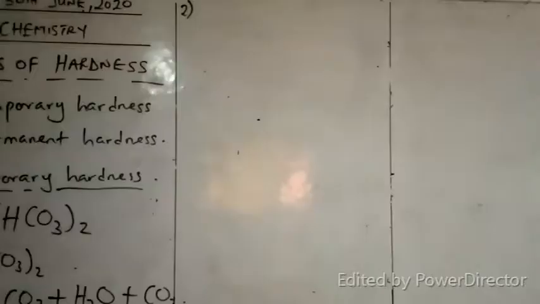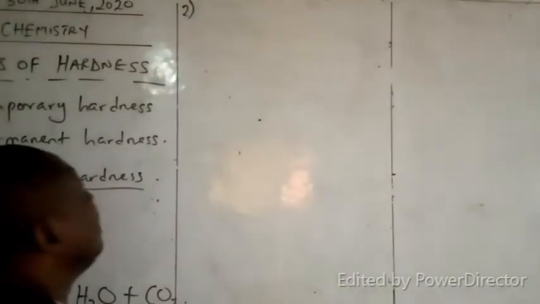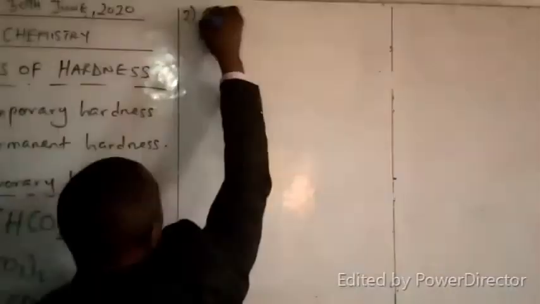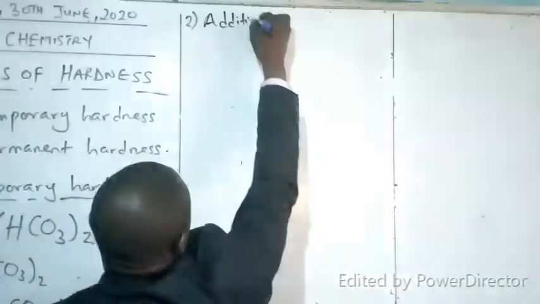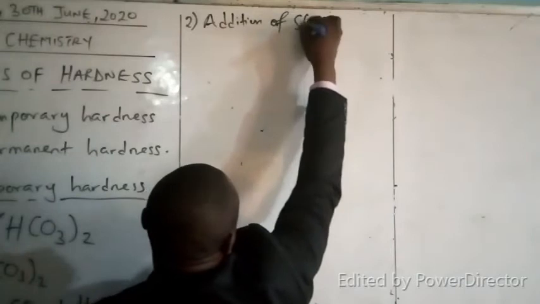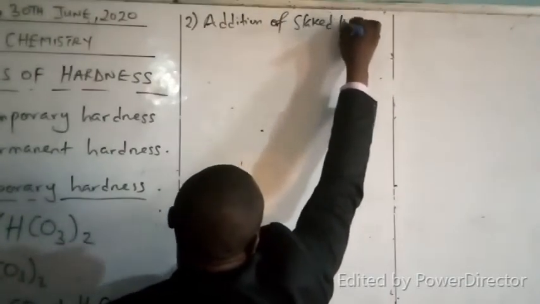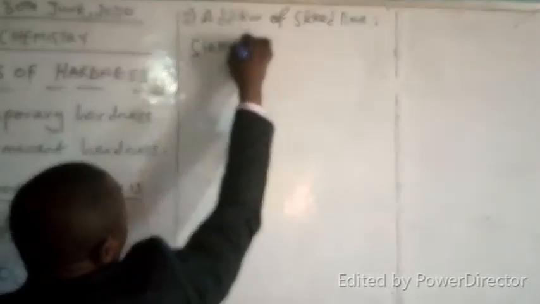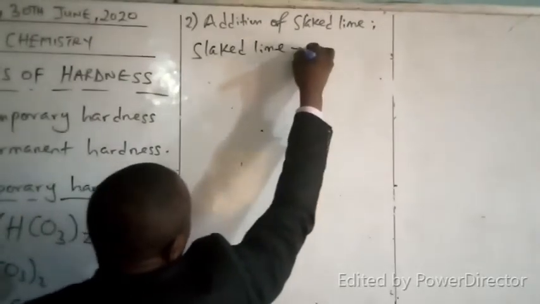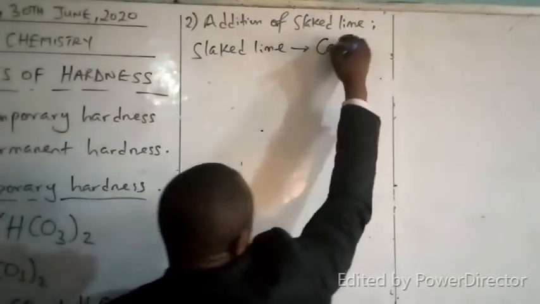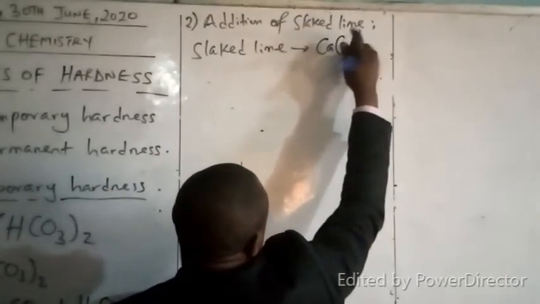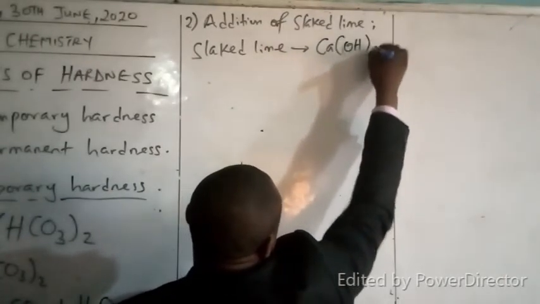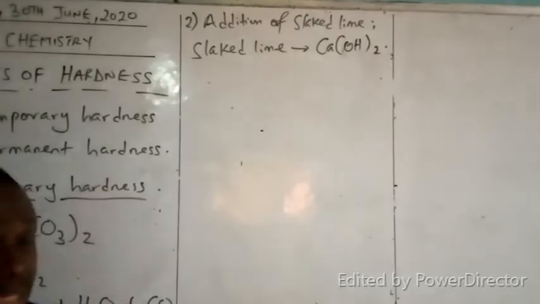Now remember that the essence of all of these is for us to be able to form lather for use. Now the second method for our removal is the addition of slaked lime. Now, what is slaked lime? Slaked lime is simply calcium hydroxide. That is your slaked lime.